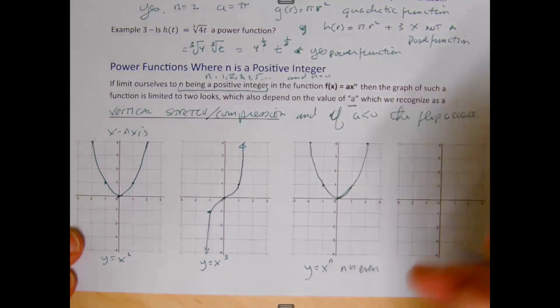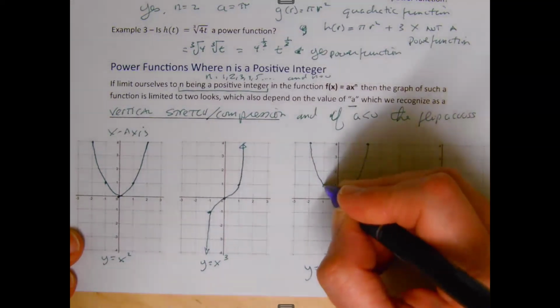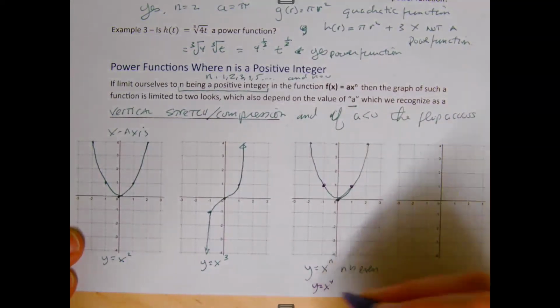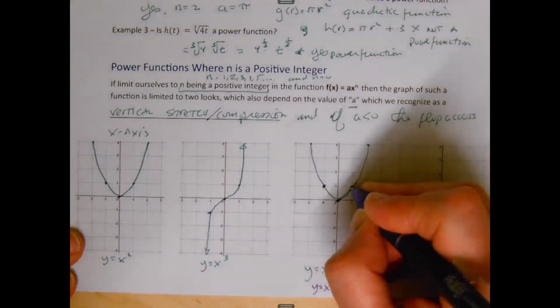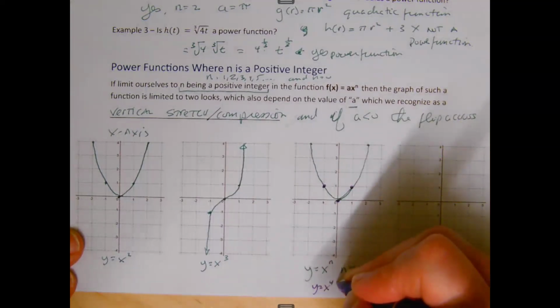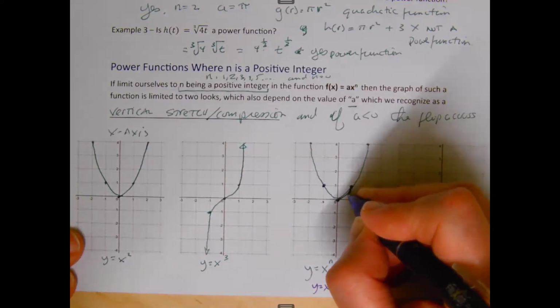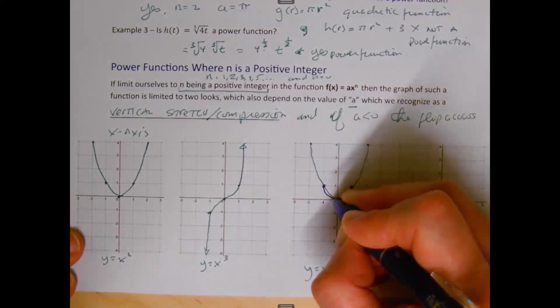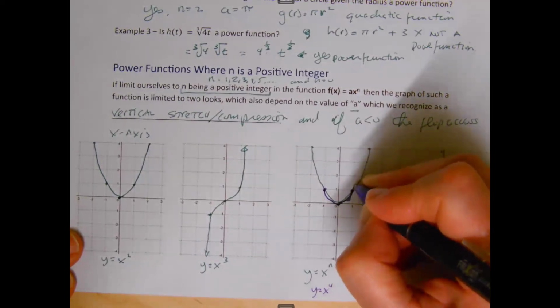If I go to x to the 4th, what is going to happen? These 3 points are going to stay exactly the same. However, if I graph y equals x to the 4th, when I'm between -1 and 1, because I am raising a number less than 1 to the 4th power, it goes towards 0 faster. So it's going to get narrow. It's going to go below the green line there. And then on the other side, because of the 4th power, once it's greater than 1, it's going to climb faster.